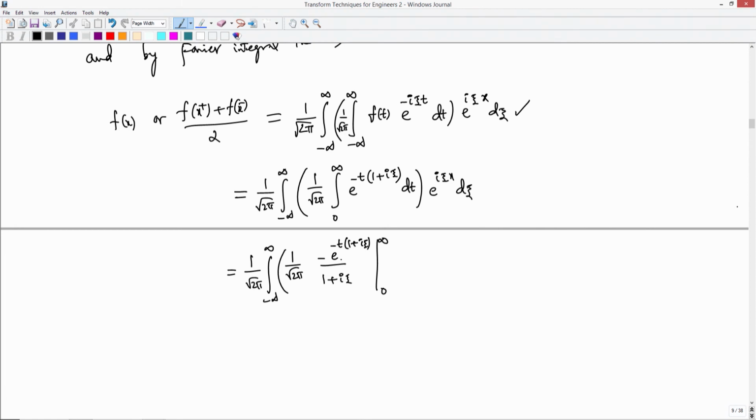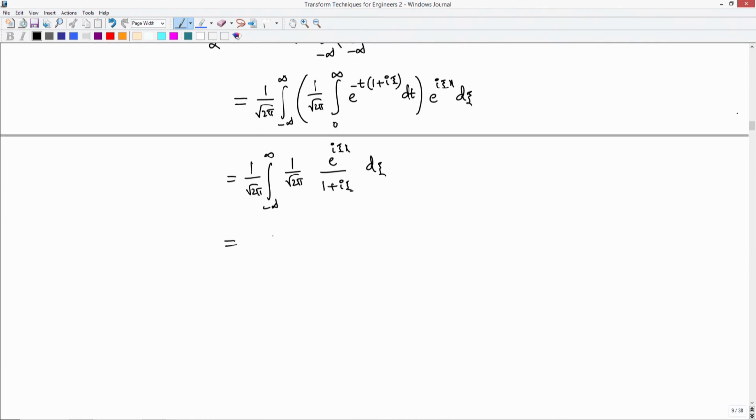So, minus, or minus plus e power 0, that is 1 divided by 1 plus i xi. So, when you do this, you get this part into e power i xi x d xi.